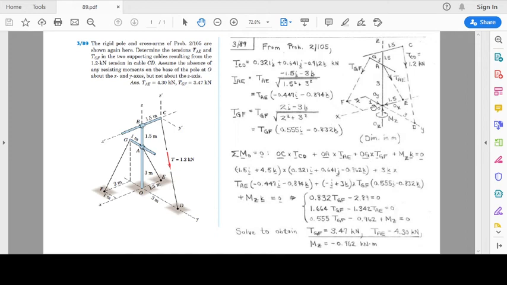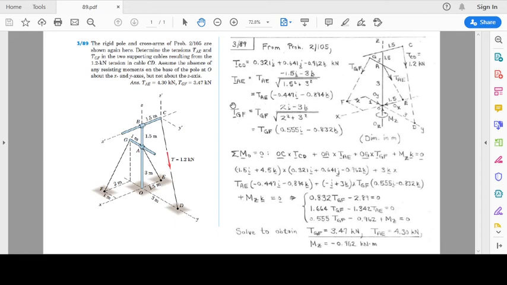Then the moment produced by this tensile force TGF. For this we can use the position vector either OF or OG. Any one can be used. He has used minus J plus 3K, so this is OG, directed from O to G. So minus J plus 3K is the position vector, cross this tensile force, which we have written as a vector quantity here.